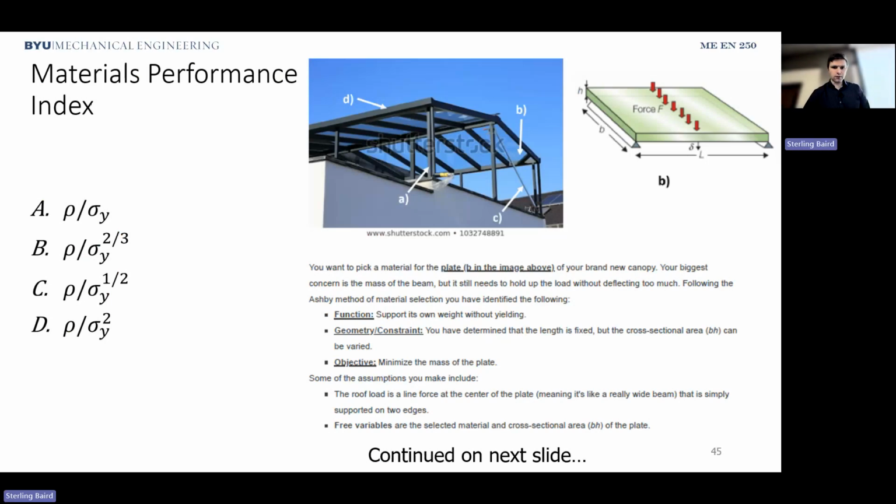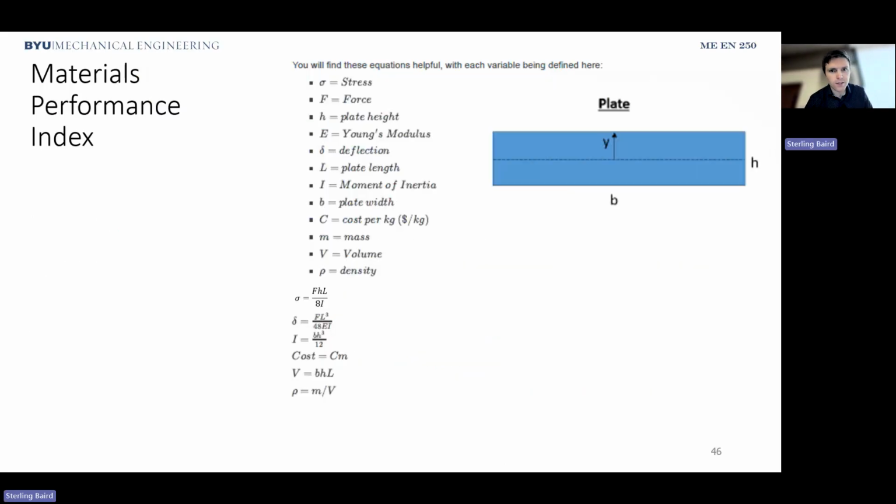Here we have a set of equations and definitions of those. Find the materials performance index is the question here.